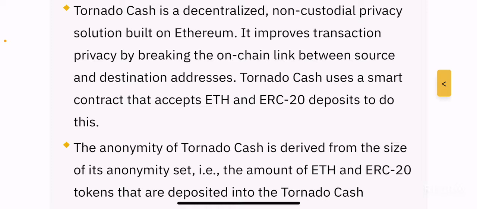So again, as we discussed, it tries to break the on-chain link between the source and the destination address, thereby making the transaction private, right? And it basically uses smart contracts in order to accept ETH and any ERC20 deposits in order to make this possible, right?